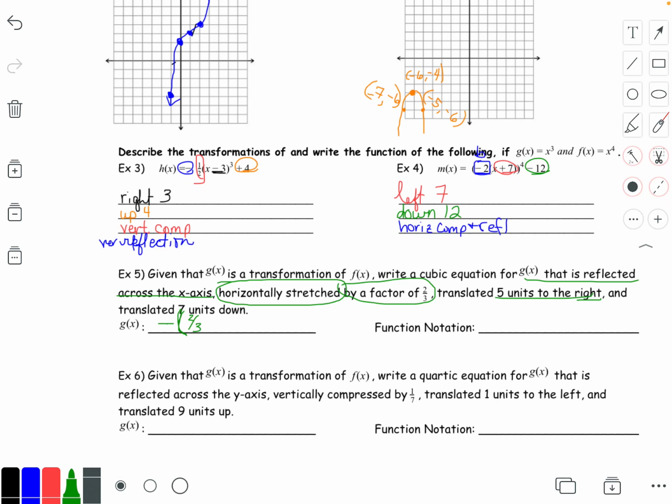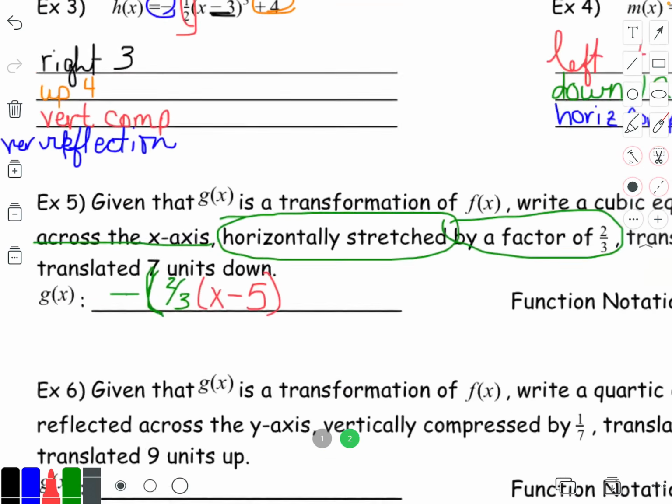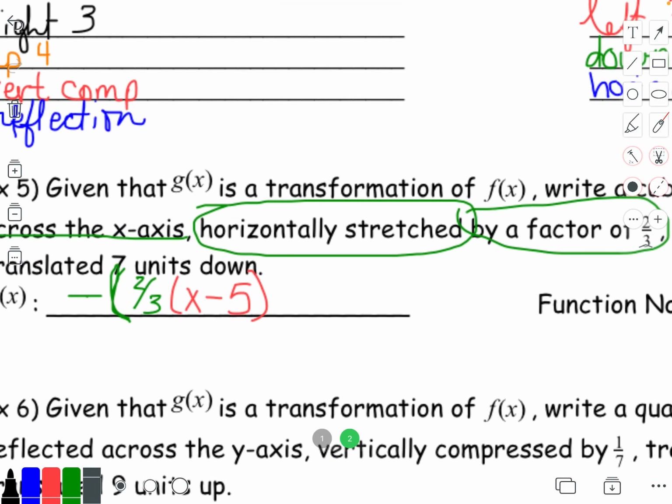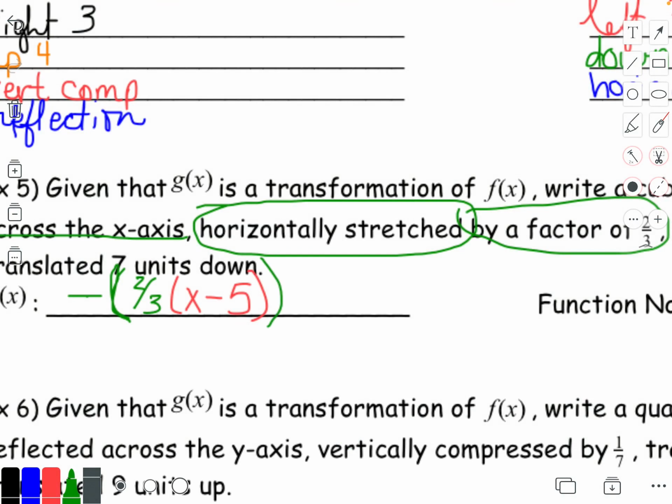Translated 5 units to the right. I'm going to do a different color here. 5 units to the right. So that means we're going to have an x, and it's going to go to the right. So we have -5. And we'll close that parenthesis.